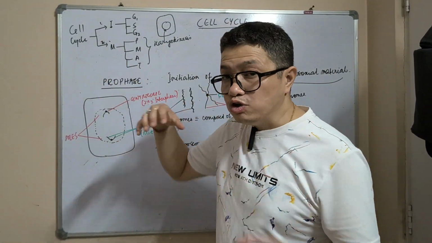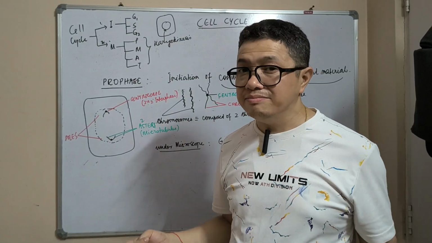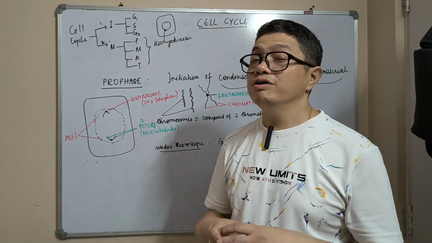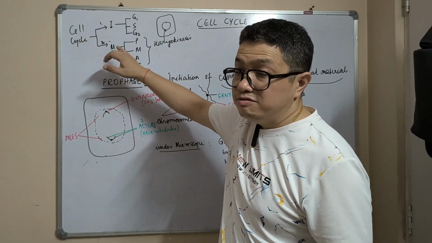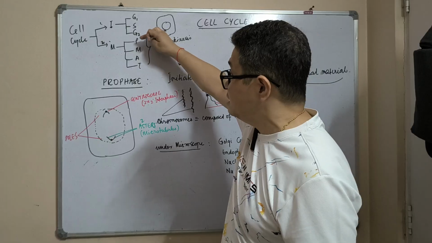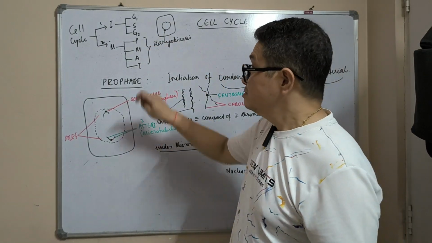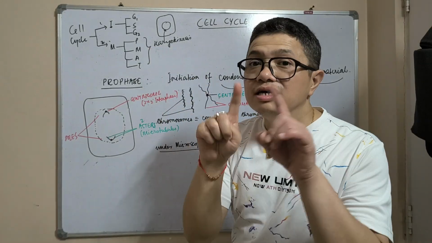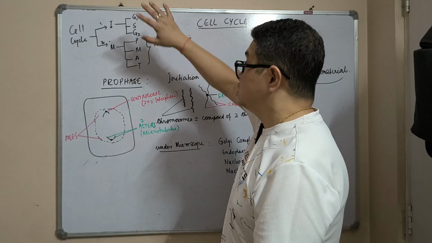The mitotic phase, which is also known as equational division because the number of chromosomes remains the same, with no decrease or increase, is again subdivided into four phases: prophase, metaphase, anaphase, and telophase. This is the division of the nucleus, not the entire cell.